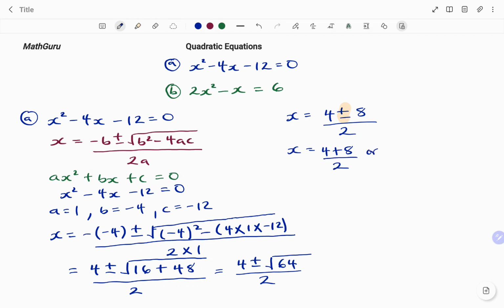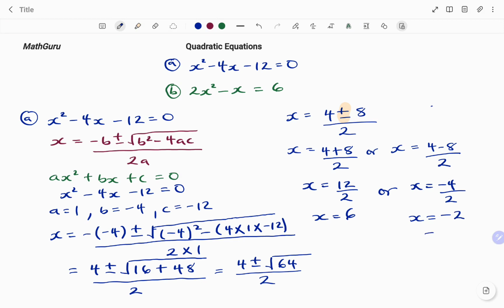Or for the second value, I'm going to use the minus, x equals 4 minus 8 divided by 2. Therefore, x equals 4 plus 8 is 12 over 2, so x equals 6. Or x equals 4 minus 8 is minus 4 divided by 2, so the second value for x equals negative 2.